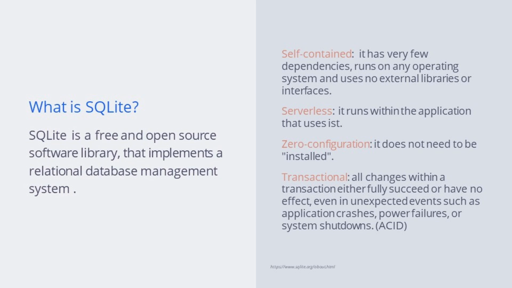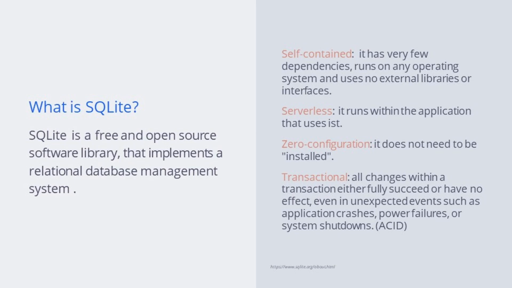So now we are going to talk about SQLite, which we are going to use for this webinar. SQLite is a free and open source software library that implements a relational database management system. It is self-contained. That means it has few dependencies. It runs on any operating system, and it uses no external libraries or interfaces. It is serverless, and that was especially important for this webinar.